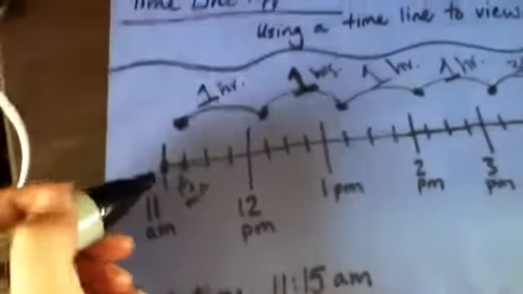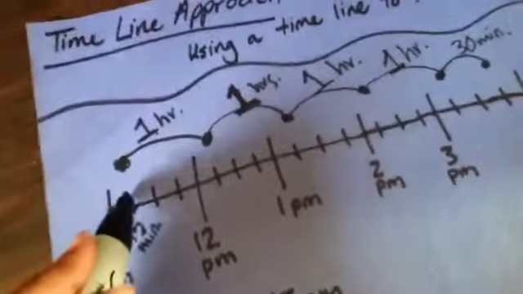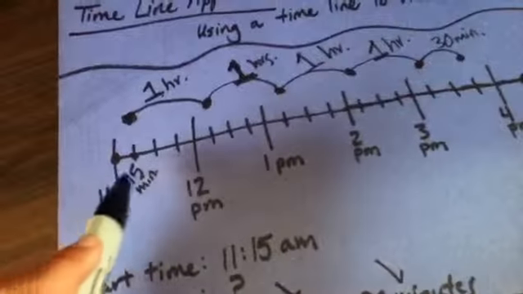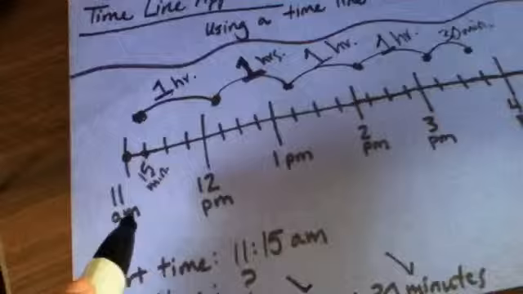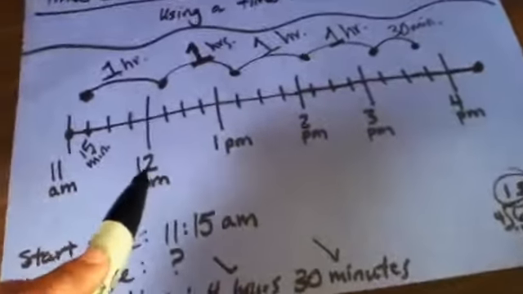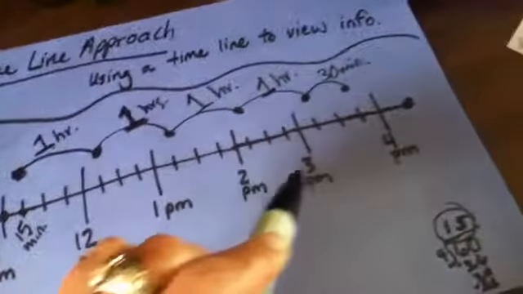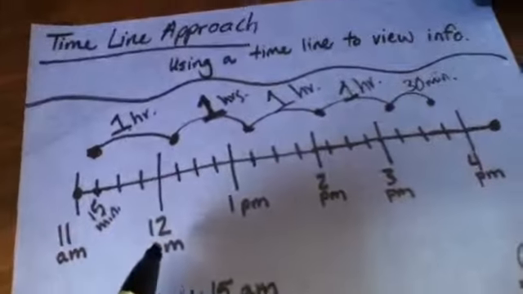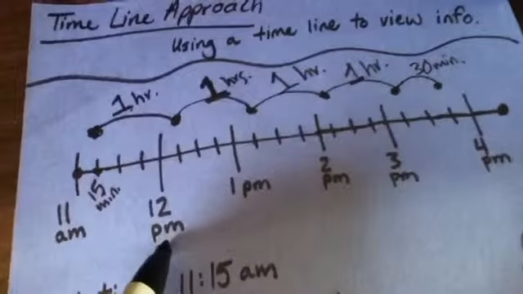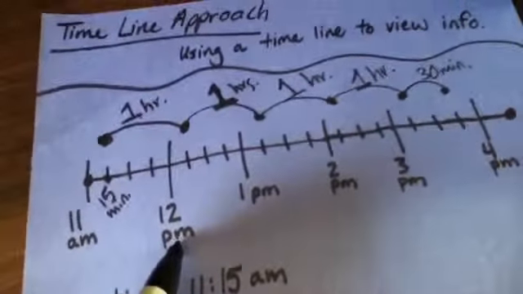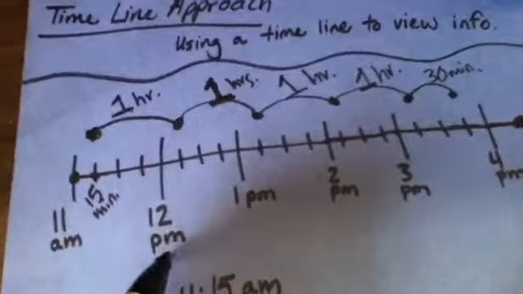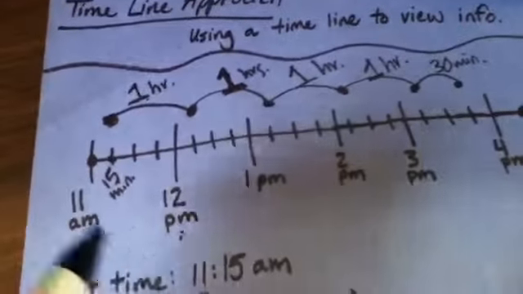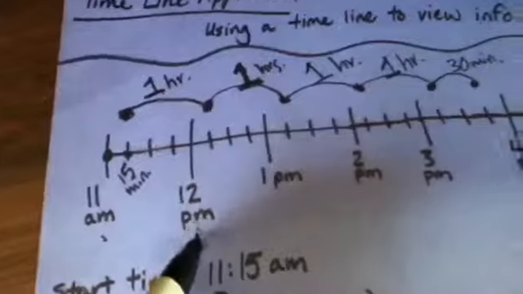Because we started our timeline at 11:15 a.m. And notice that once I put the 12 and the 1, 2, 3, every number starting from the 12 has PM on it, because once we get to 12, it switches one way or the other. And since we started at AM, we went to PM.